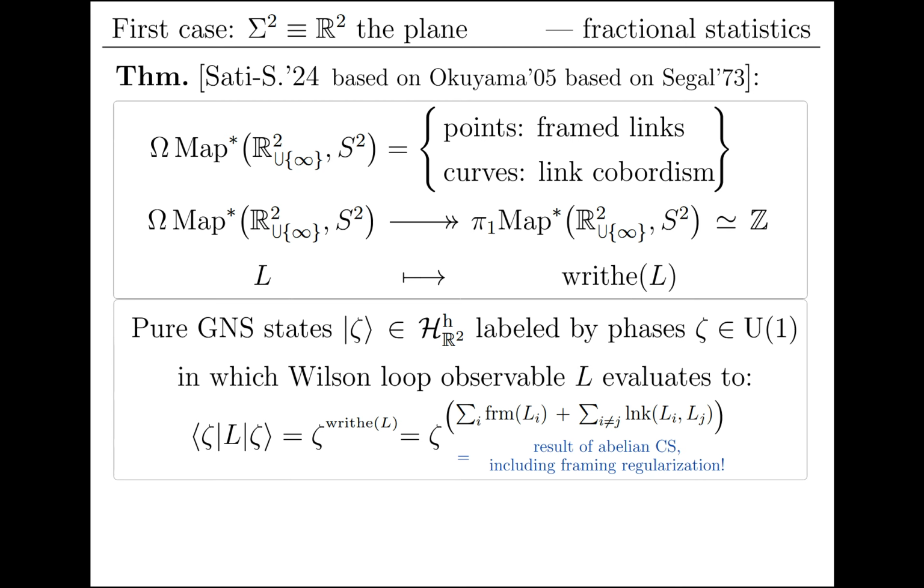They say, instead of just taking links, which seem to be the right description of these Wilson loops, let's give them a framing, and then we can deform the link a bit and add a self-framing, and in the end they come up with this formula. It's clearly the right formula, but it's not systematically derived from Chern-Simons theory. Chern-Simons theory gives something ill-defined, and then you wave your hands to argue that what you really wanted is this formula.